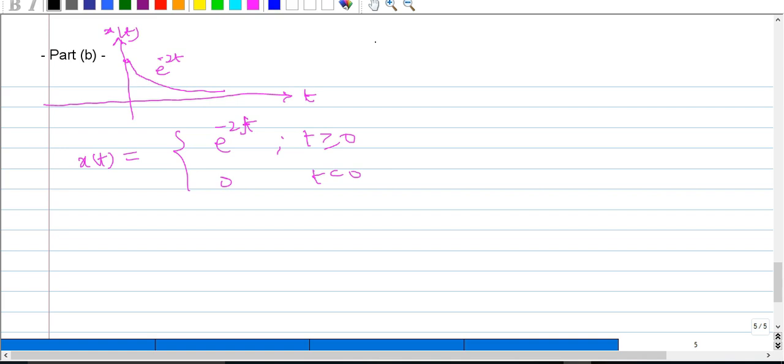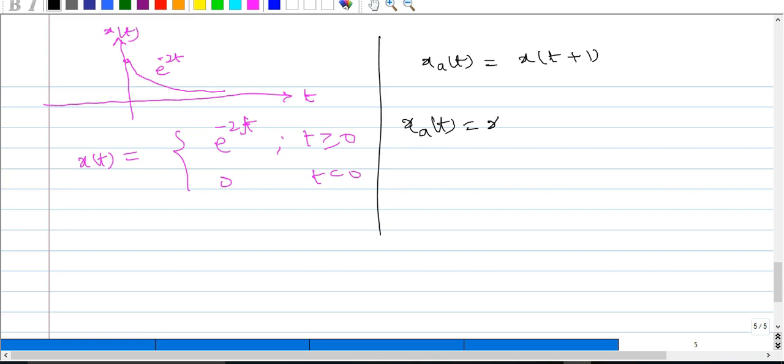Let us define the new signal as x a of t, okay, which is the advanced signal. So this will be equal to x of t plus 1, okay. So this is the new signal, and to write its mathematical expression we have to replace t by t plus 1 in this expression, okay.